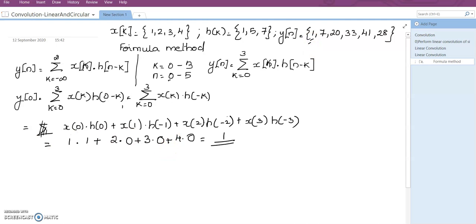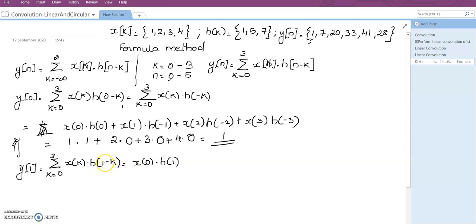Similarly, moving on, we'll try to find out what is y of 1. And when we substitute for y of 1, we get it as summation k equal to 0 to 3 x of k into h of 1 minus k, where n now becomes 1. So when we substitute for the values of k, we can see that when k is 0, it will become x of 0 into h of 1.